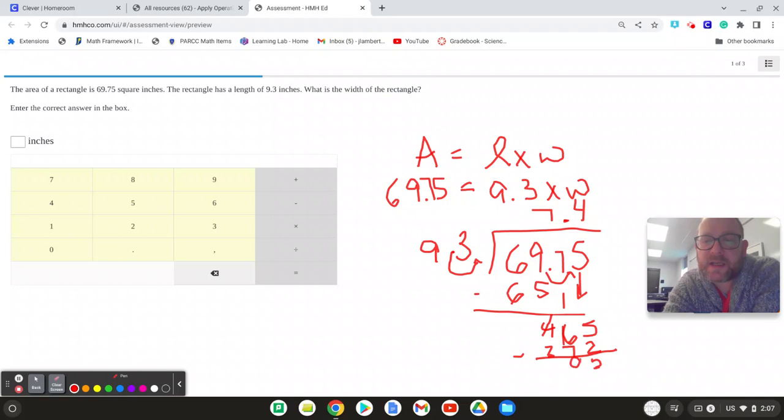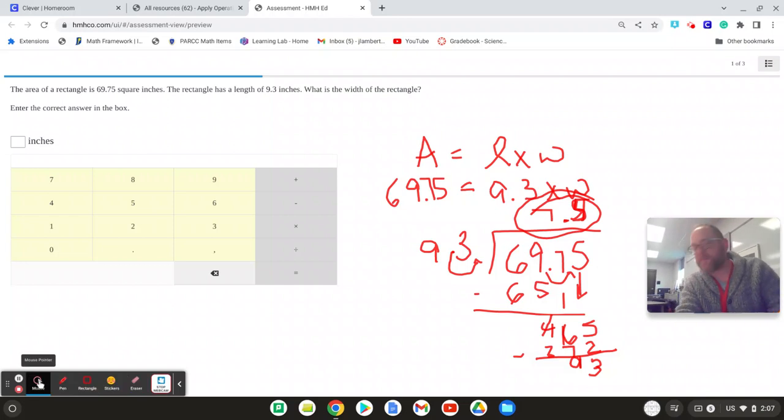Oh my gosh, look at that. I can go one more time. So it's going to be a 5. And 5 would give me exactly enough, because I've got 93 here, and I know that another 93 can go in. So it's going to be 7.5 is your answer. 7.5 inches is our correct answer for number 1.